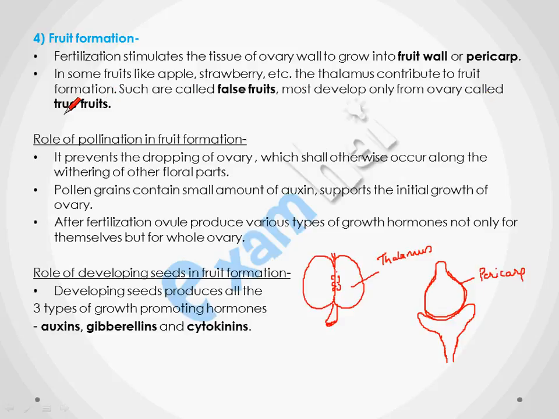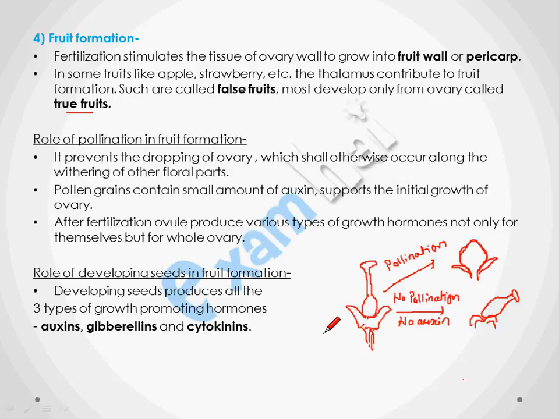Now, the role of pollination in fruit formation. It prevents the dropping of the ovary, which would otherwise occur along with the withering of other floral parts. As I have shown in my previous diagram, after fertilization takes place, only the ovary remains and the other parts fall off. But if there is no pollination, then the ovary will also fall with the other floral parts.